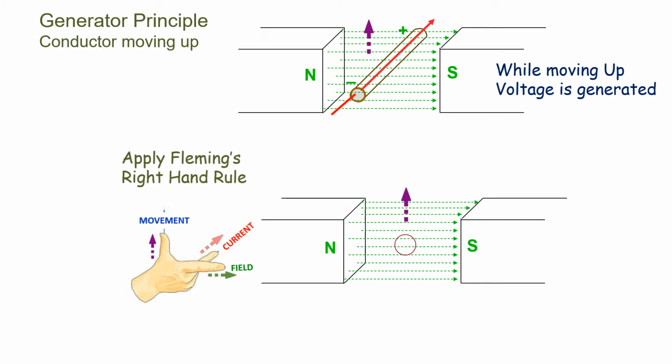Here again, the first finger in the field direction, thumb in the movement direction, the current is shown towards inside. If you treat this current towards inside as an arrow going inside, you will be seeing the tail of the arrow like a cross. So the current going inside the conductor is indicated by a cross.